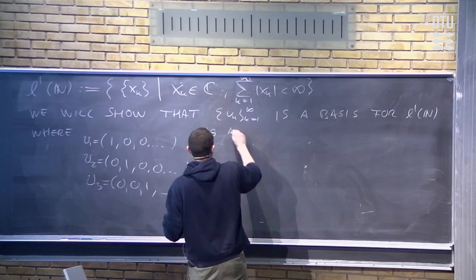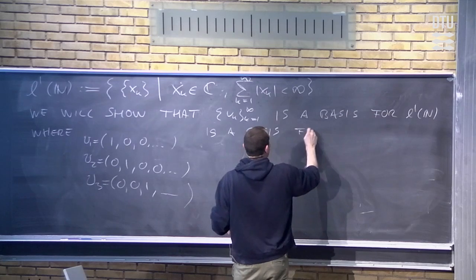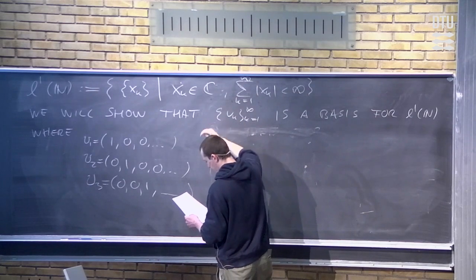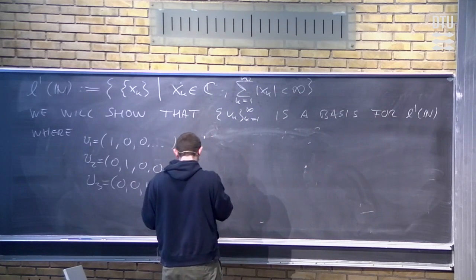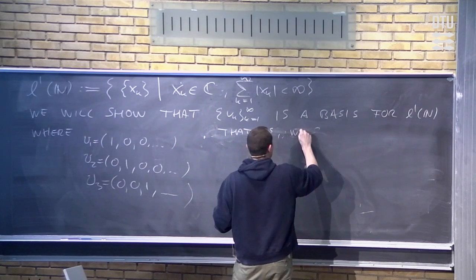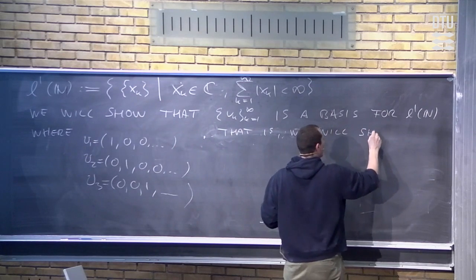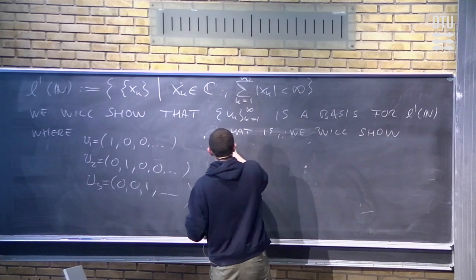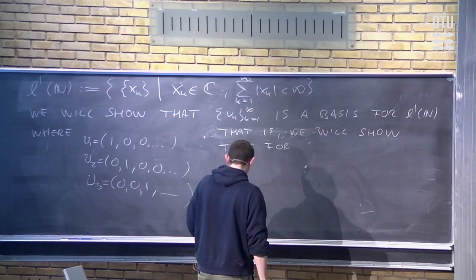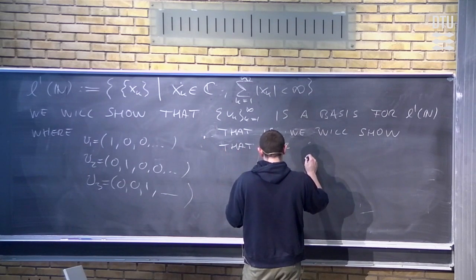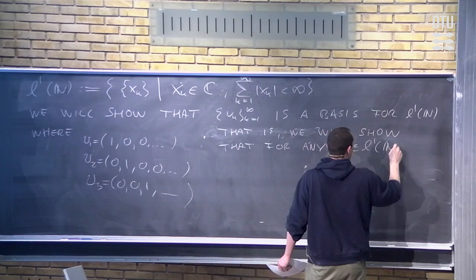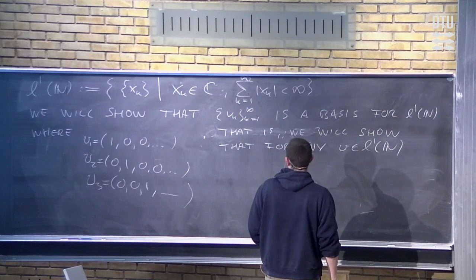Yes, so this is a basis for, I've already written that. Okay, so what does that mean? That is, we will show, and this is just by definition of a basis in infinite dimensions, that for any v in little L1, can we call it something else than v?